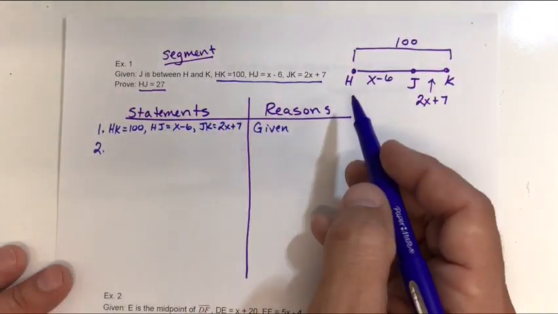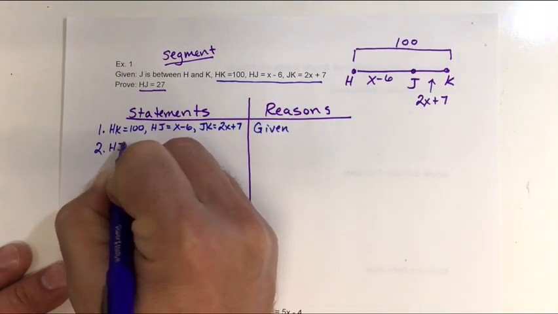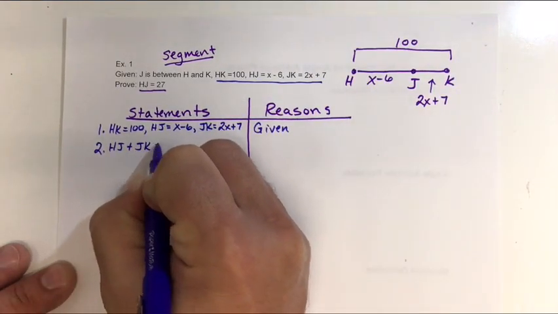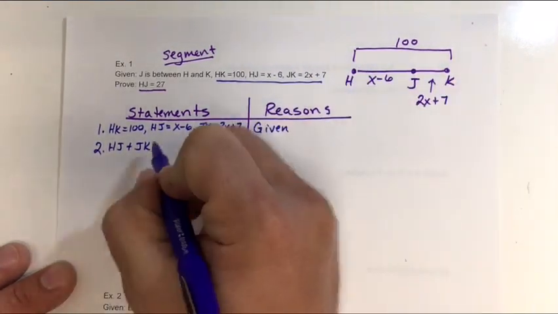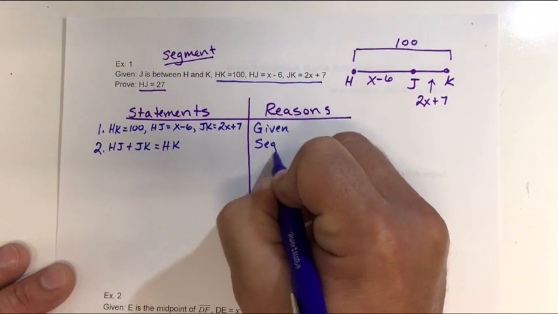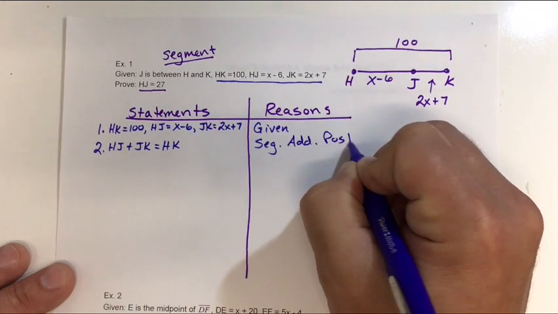So I'm going to say that HJ plus JK is equal to the total length HK. And the reason for that is because of the segment addition postulate.